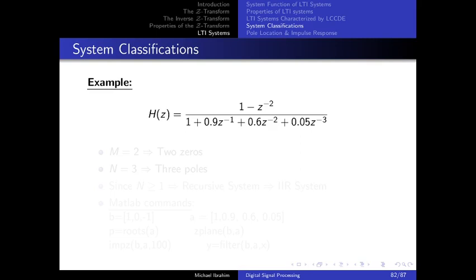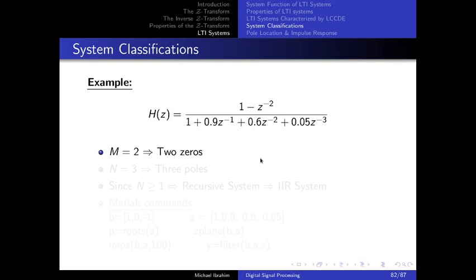So, for example, let's say we have this H of z. It's a ratio between two polynomials. The polynomial in the numerator is of order 2, and the polynomial in the denominator is of order 3. So, how many zeros will this system have? Since the numerator is of order 2, we will have 2 zeros.